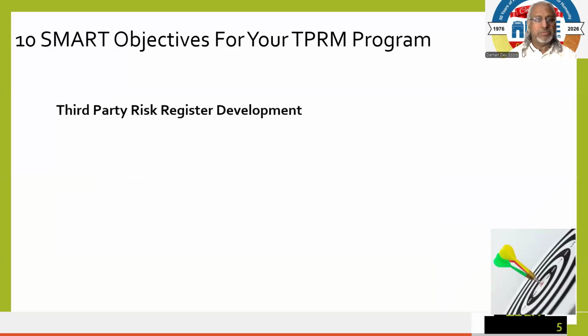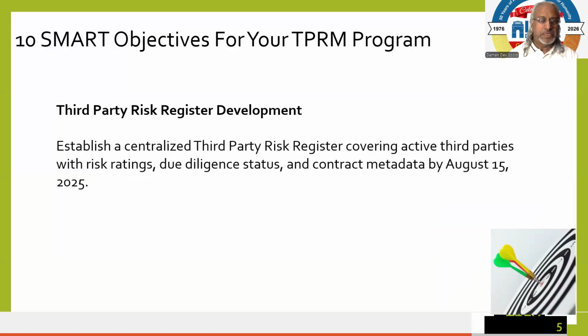Next, we will pick up third-party risk register development. Establish a centralized third-party risk register covering active third parties or critical third parties once again with risk ratings, due diligence status, and contract metadata by August 15, 2025.